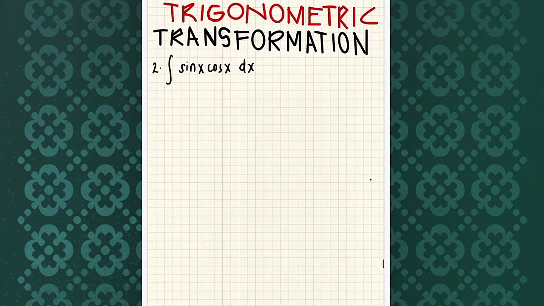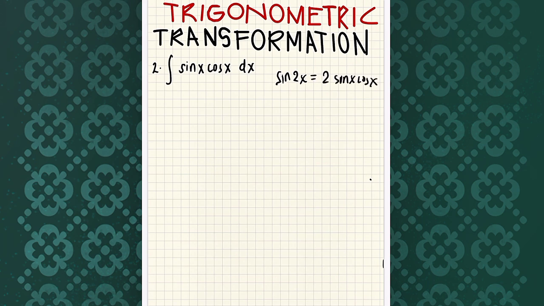This is our problem number 2, which is the integral of sine x cos x dx. When you see products of sine and cosine, especially sine x cos x, there are usually two common methods. The first method is to use the trigonometric identity: sine 2x is equal to 2 sine x cos x.